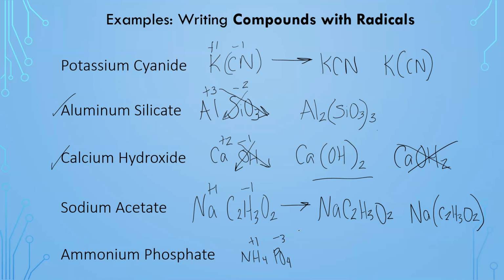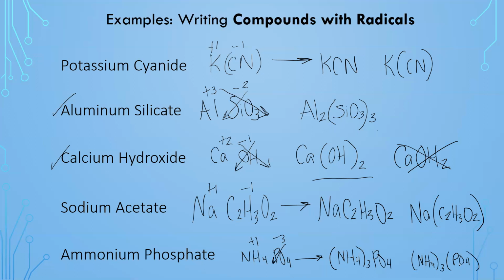They don't cancel, so I'll have to crisscross. So I will have to put parentheses around ammonium. That 3 is going to come down. And then the 1 comes outside of phosphate, but we don't write 1s. So just PO4. Or if you'd like parentheses, you can write all of it in parentheses.